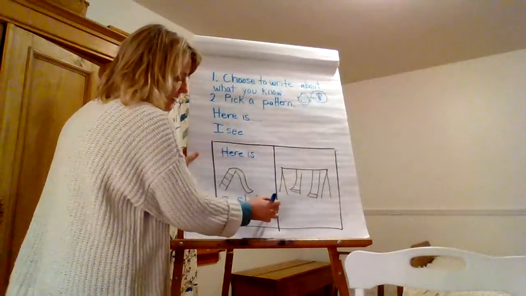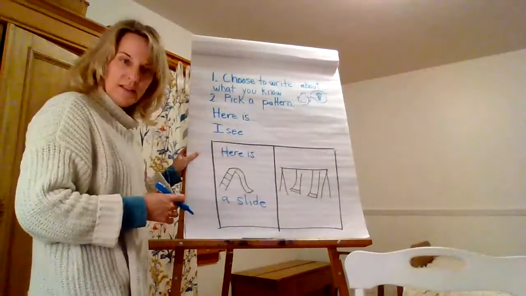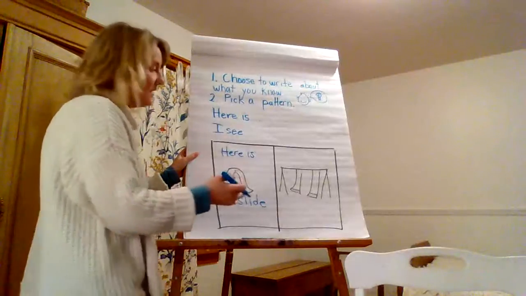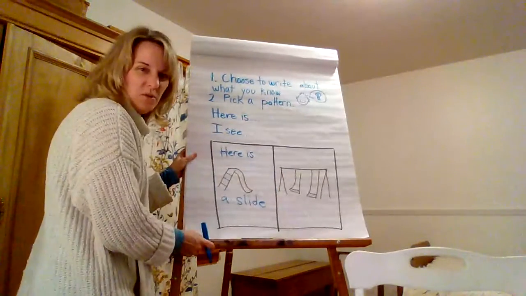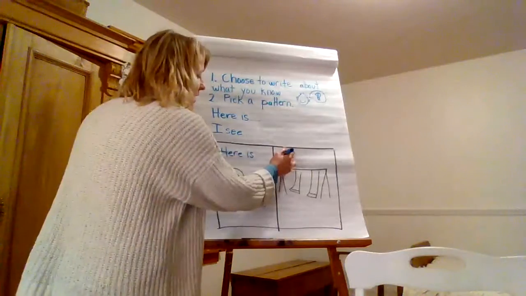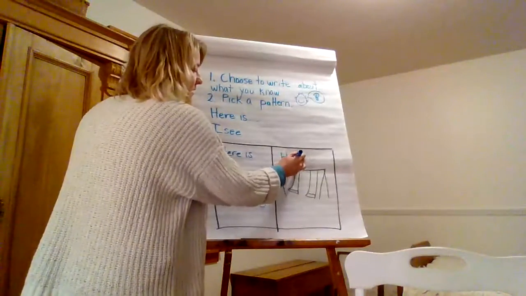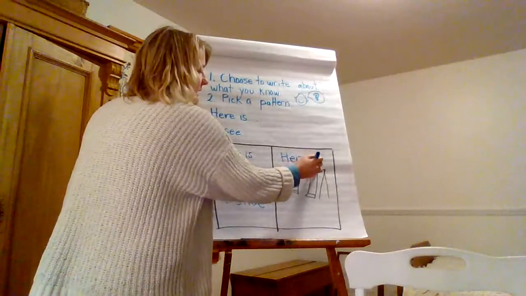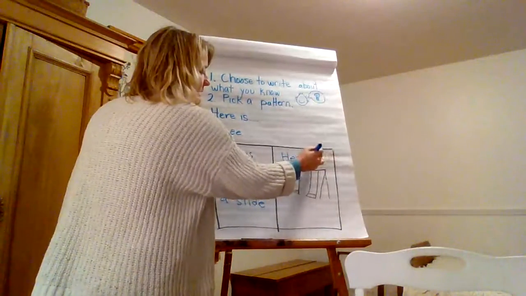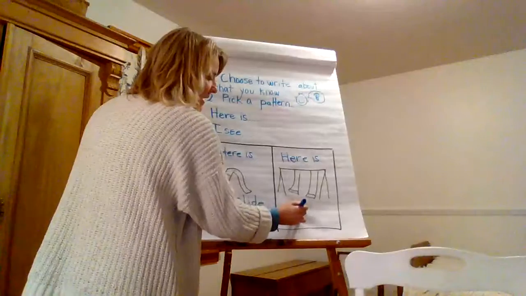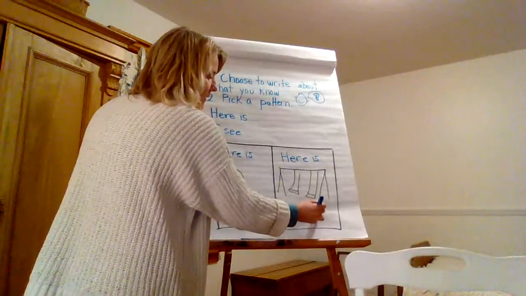Slide. And then I would draw a picture of a slide. Then my next page, boys and girls, I hope you can tell it's a swing set. So I would use my pattern, "Here is a swing." Swing.